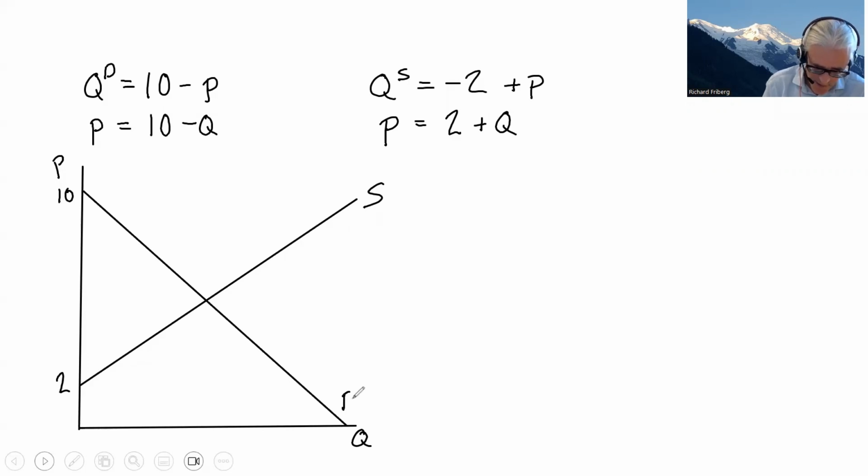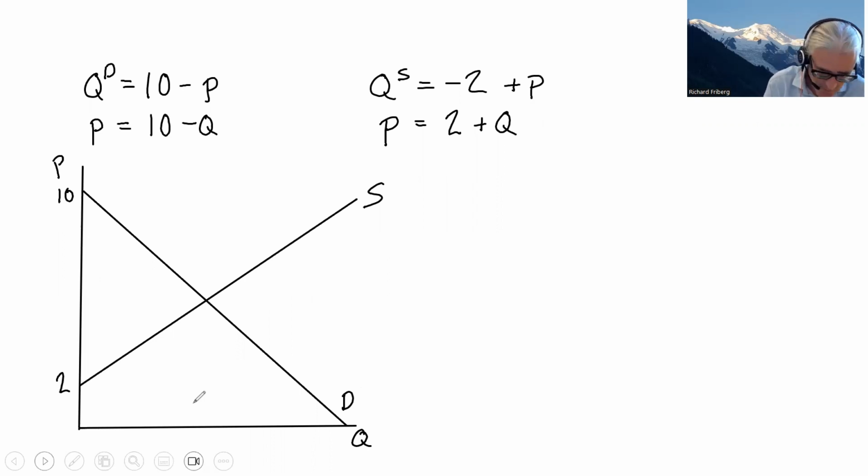Okay. And we've solved in a previous video for the equilibrium price and quantity, price of 6 and quantity of 4. But now we'll be looking at what happens if price, for some reason, is below the equilibrium price.